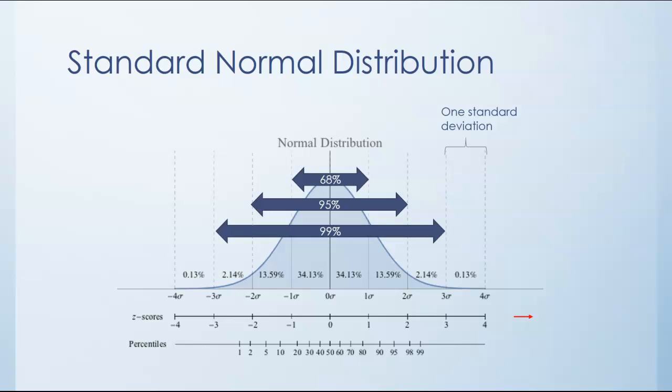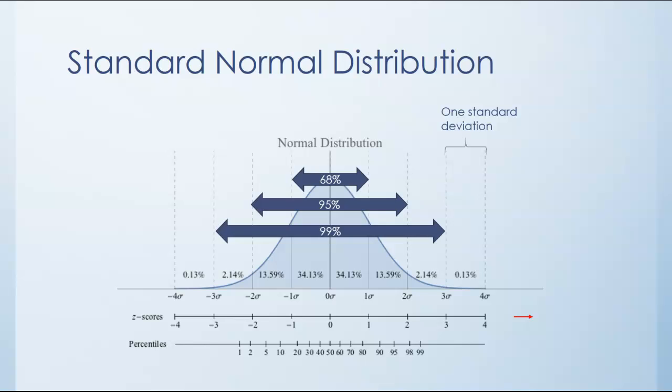The same thing with a 3. From -3 to +3, we expect 99% of our data to live within 3 standard deviations of our mean, which means that anything outside of that, there's only a 1% chance.